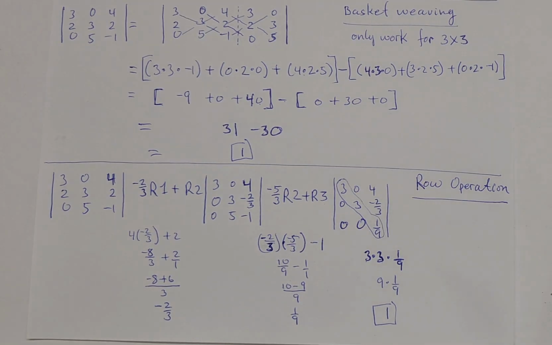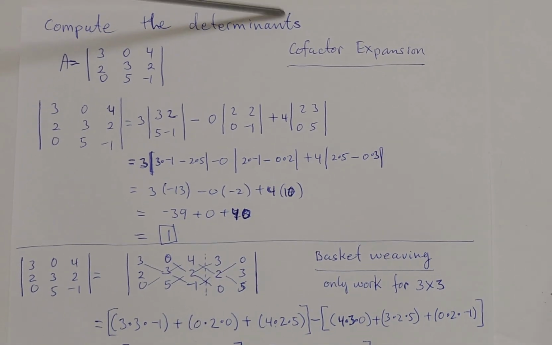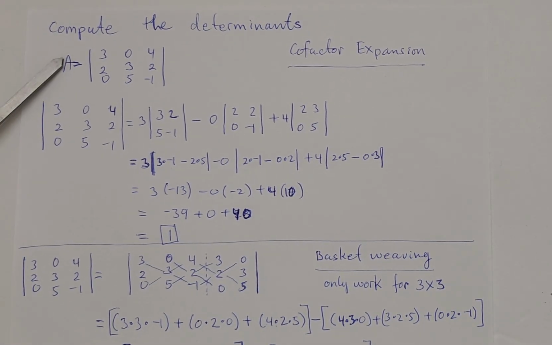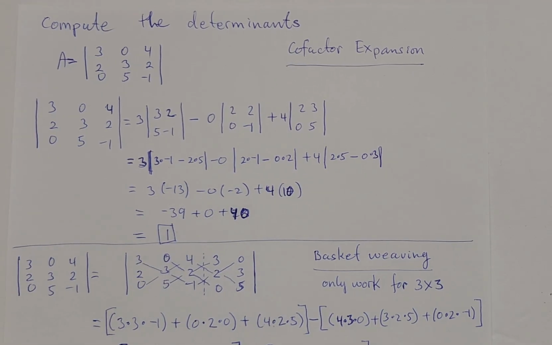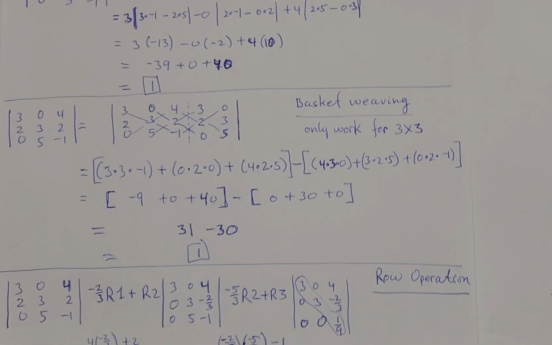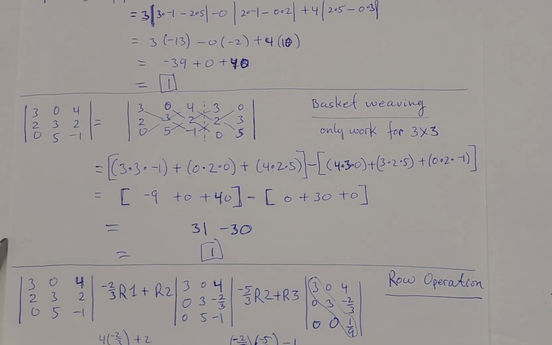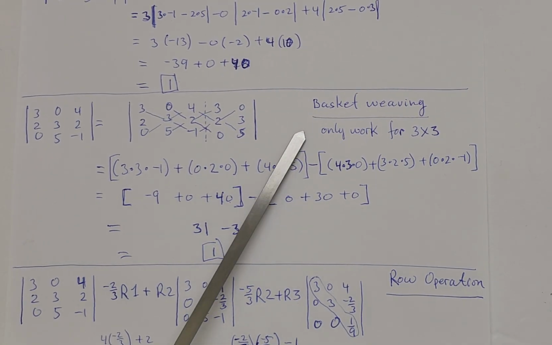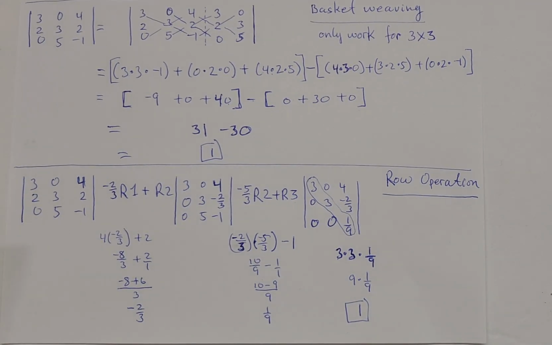Okay, so I have shown you 3 methods to get the determinant: using cofactor, using basket weaving, and be very careful with basket weaving, it only works for 3 by 3. And the last method, which is called row operations. They still give you the same result.